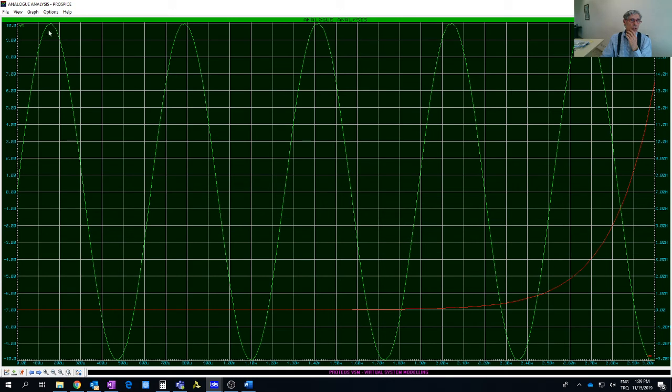This green one is VS, that's the source sinusoidal function. The source sinusoidal function is 10 volt, you see here, 10 volt, minus 10 volt, so 0 is here. If you look at the other signal, that is VC, VC goes almost 0, and then it jumps.